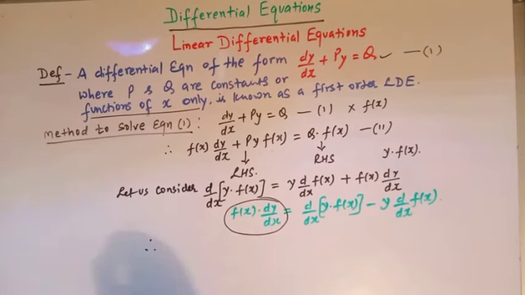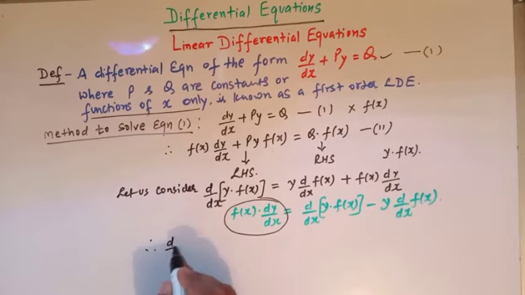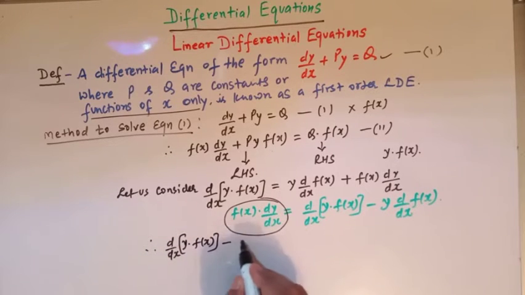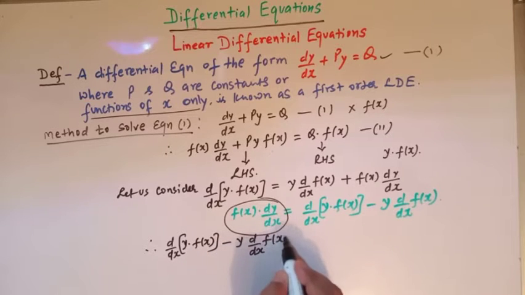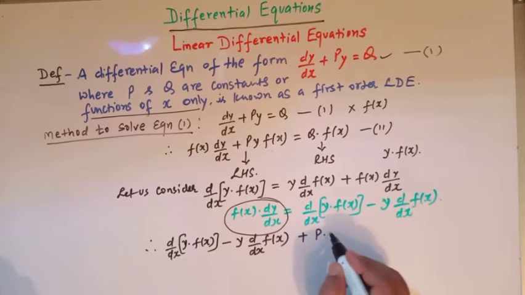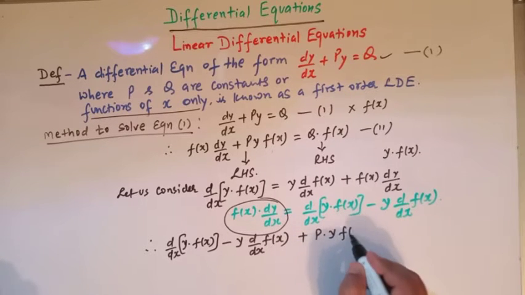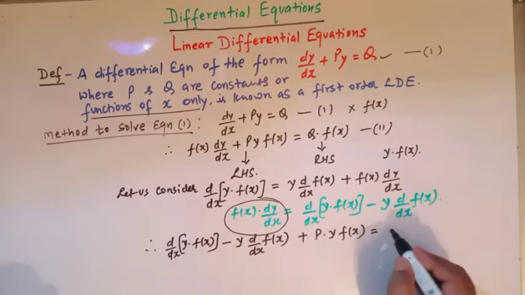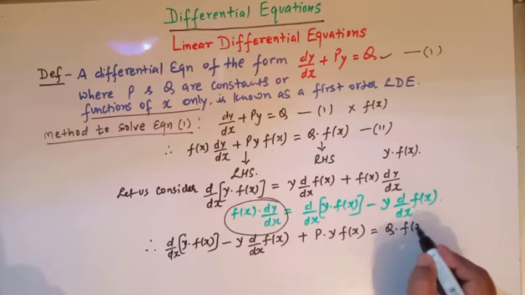So what we will get, we'll have d over dx y times f of x minus y times d over dx of f of x plus p times y f of x is equal to q times f of x.